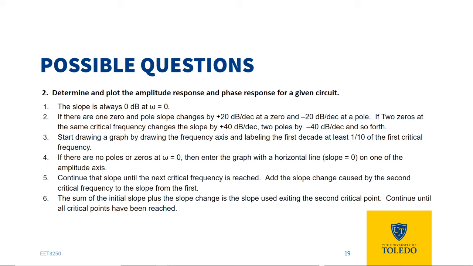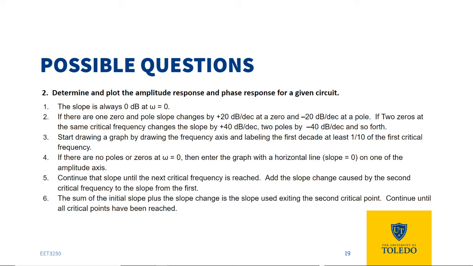If 2 zeros are at the same critical frequency, the slope changes by plus 40 decibels per decade, 2 poles by negative 40 decibels per decade, and so forth. Start drawing a graph by drawing the frequency axis and labeling the first decade at least 1 divided by 10 of the first critical frequency.